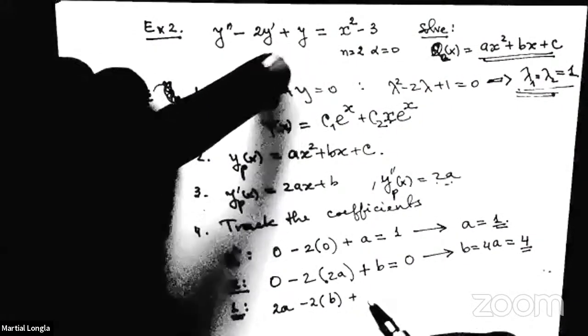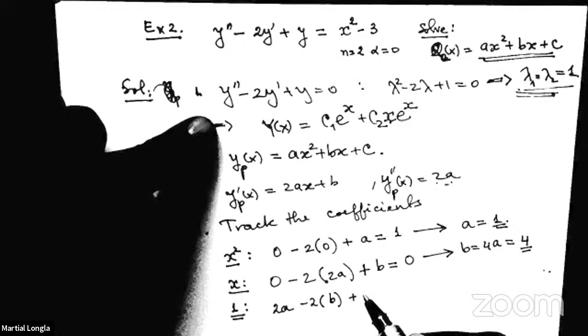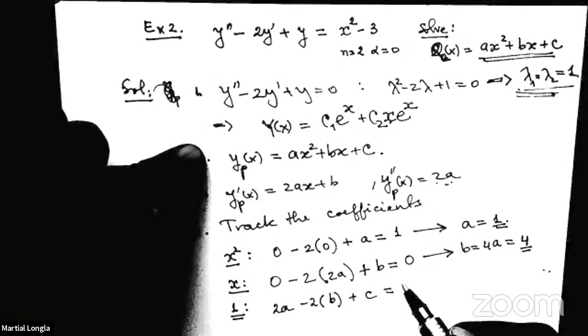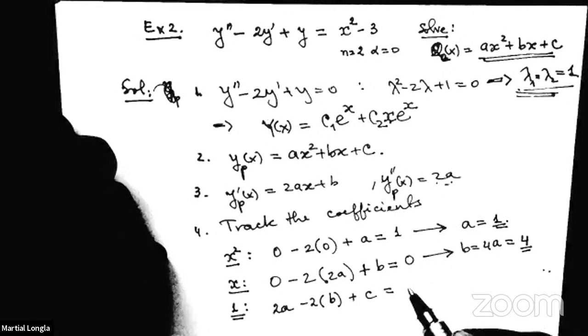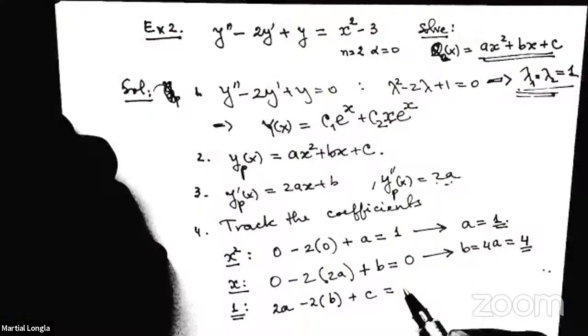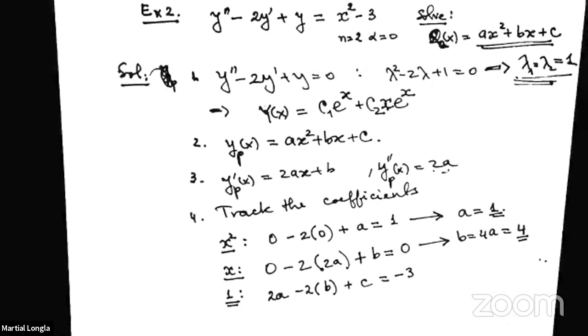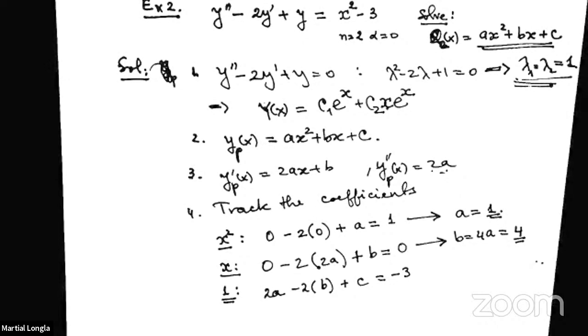Plus, in the original function, what's the constant? c. The right-hand side of the equation, what is the constant? -3. That's it, and we are professionals. You just follow that and everybody's happy. You get the right answer in less than a minute.